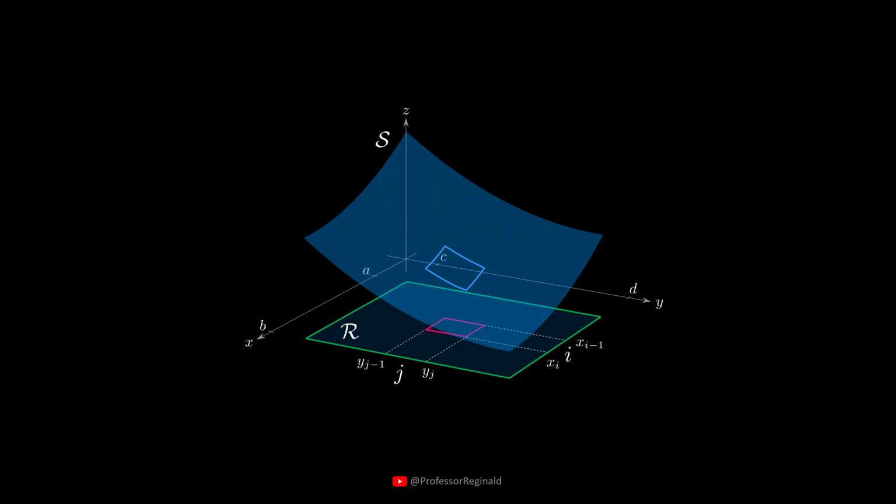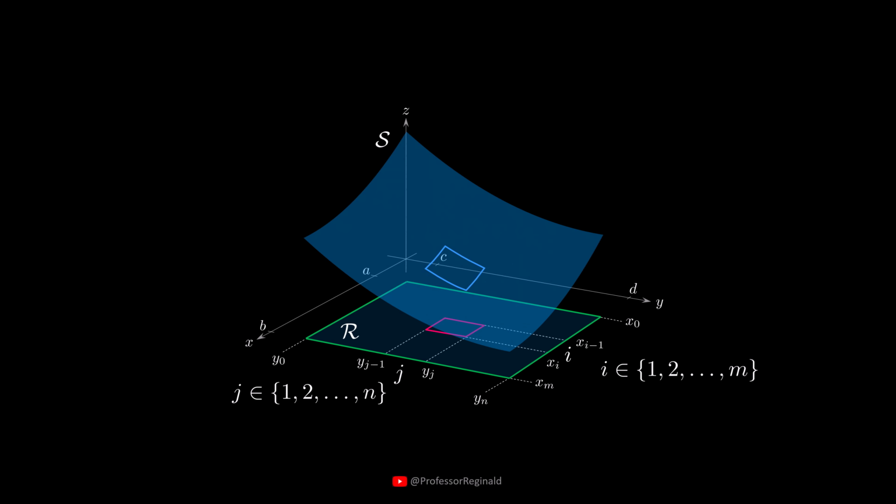Before going any further, note that i goes from 1 to m, while j goes from 1 to n. So x0 is a, xm is b, y0 is c, and yn is d.